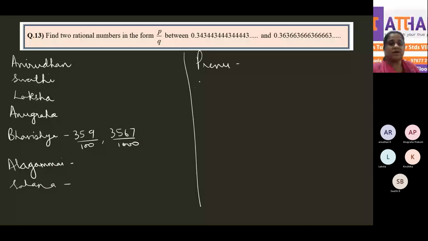If you write these numbers, then you should simplify. Take numbers so that you don't have to simplify. It may be right, but 354 by 1000, you cannot leave it like that.